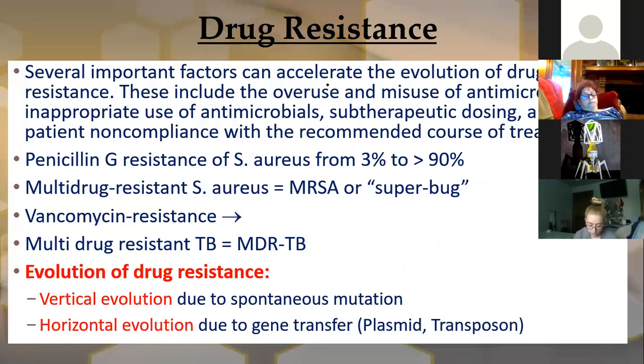Now, drug resistance: why do bacteria get drug resistant, or how do they get drug resistant? Several important factors can accelerate the evolution of drug resistance, like overuse and misuse of antimicrobial products.